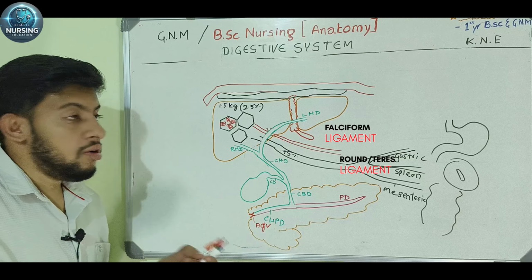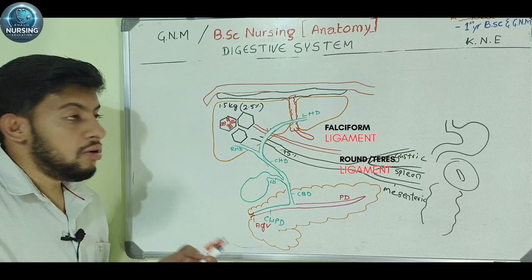This one is having bile, and this one is having pancreatic enzymes. The pancreatic enzymes are given to the duodenum, and bile juice is also given to the duodenum.